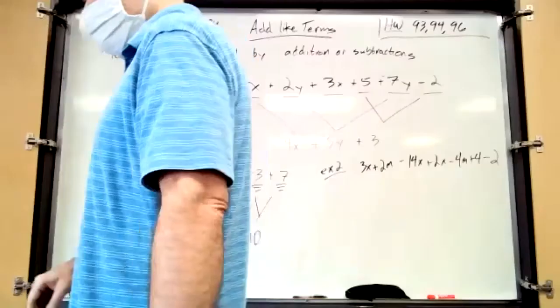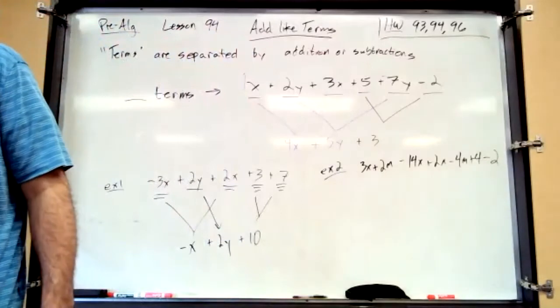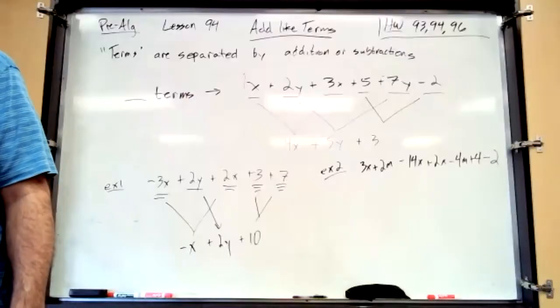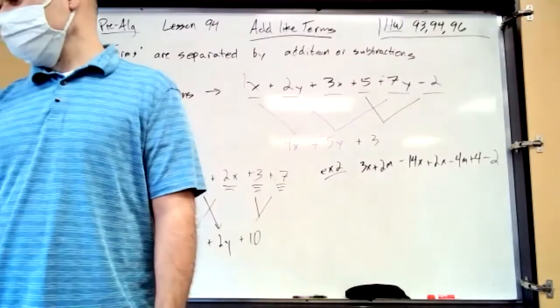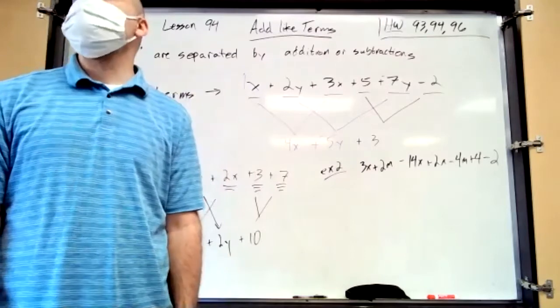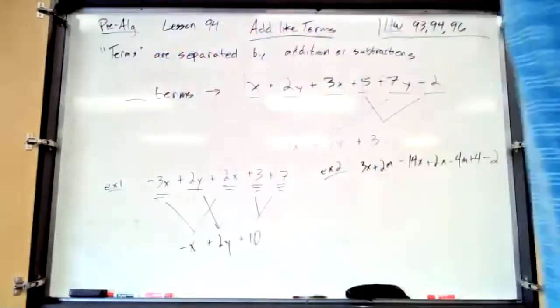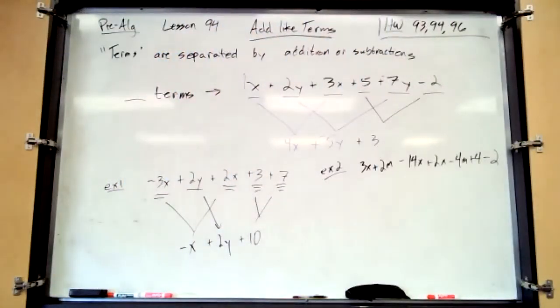Greetings. Okay. I have an answer. All right, buddy. Let's see what you got. 11x plus negative 2m plus 6 minus 2. Okay.